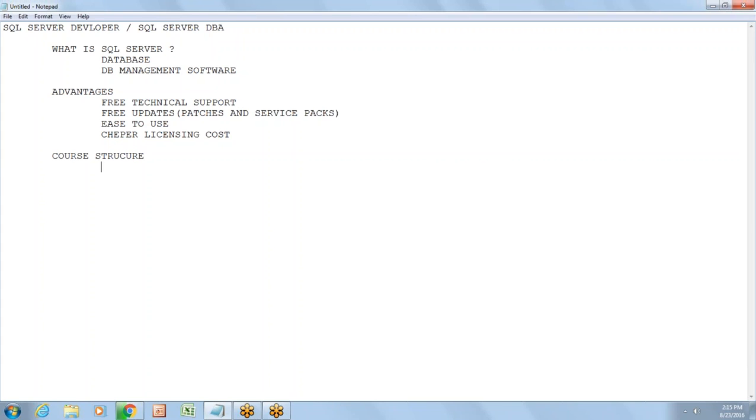To be efficient with SQL Server, we need to understand SQL Server installation, and once installation is complete, we will see the verification of SQL Server.